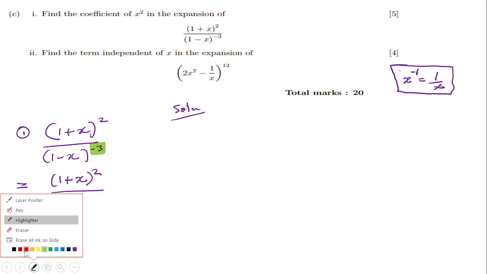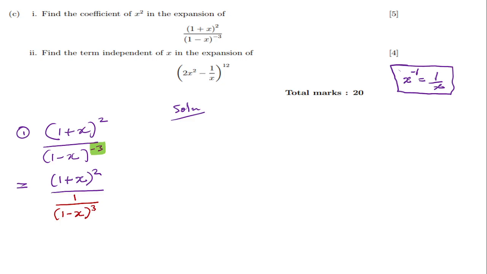When you have such an expression, what you need to write is this guy to convert it to 1 over (1 - x)^3. You work it out like that.